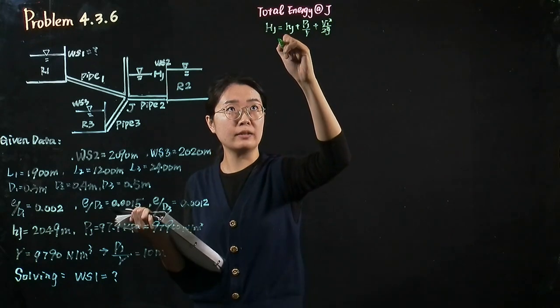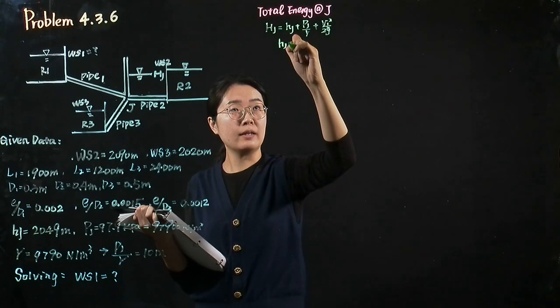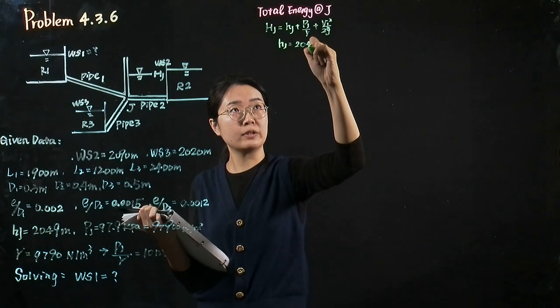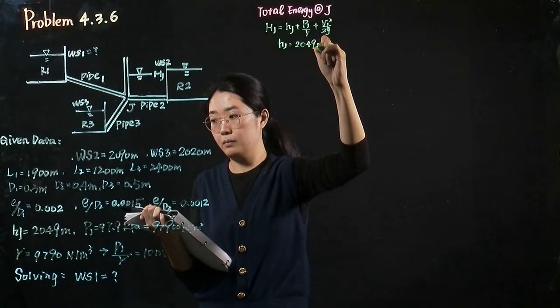The elevation at point J is given. It equals to 2049 meter.